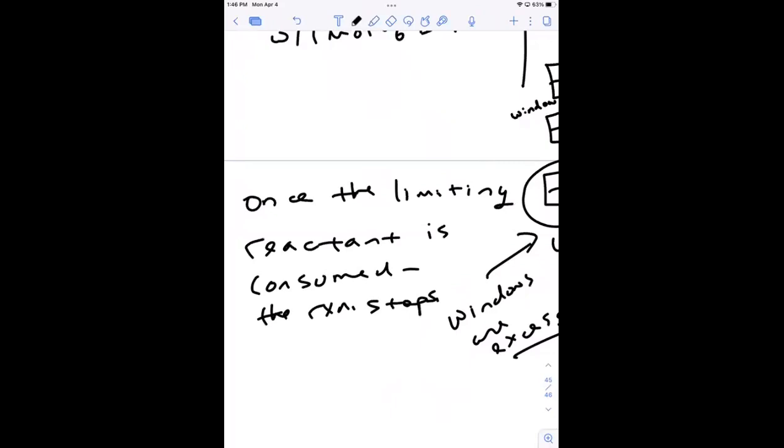We actually have a lab scheduled to do limiting reagent. It's a really cool lab too. I think it's calcium chloride and potassium oxalate, and it gives you calcium oxalate plus potassium chloride. And the calcium oxalate is not soluble because oxalate is one of those polyatomics that's not soluble with anything except group 1 and ammonium.